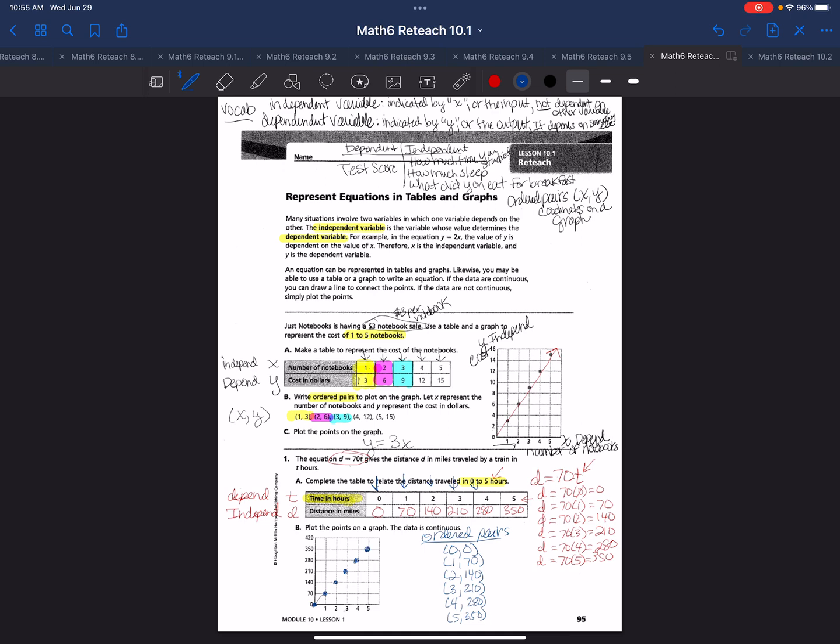And I can draw a line because it's continuous. So remember to label your X and Y. And again, this is dependent and independent. So this is our lesson for Module 10, Lesson 1 for Grade 6.